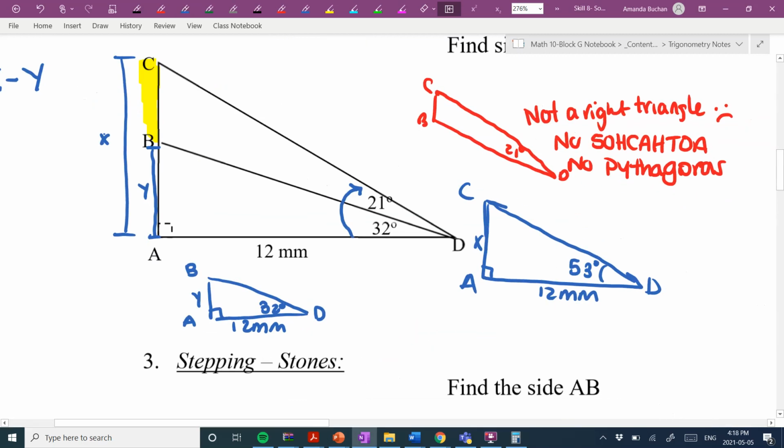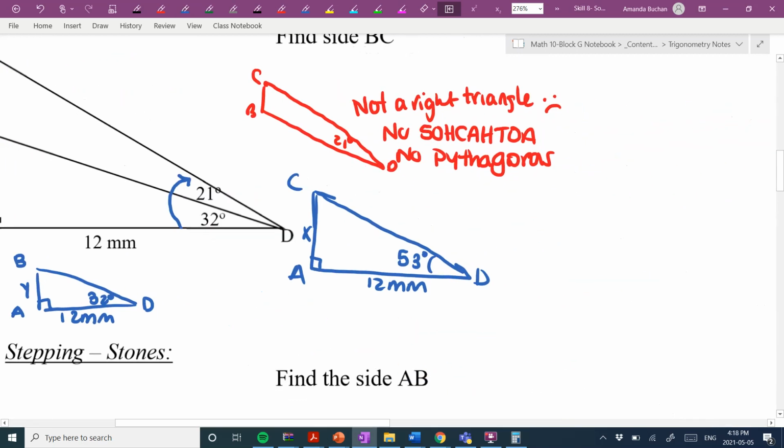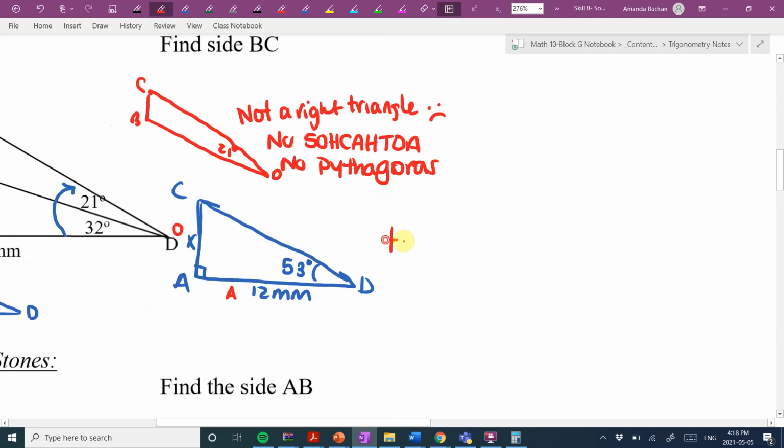So let's start by finding X. Just like before, if I know an angle and I know a side, I can find the missing side. So I'm going to start with my opposite and my adjacent. So, once again, if we write out our SOHCAHTOA, opposite and adjacent, we'll use tan. And we're always doing tan of an angle, right? Unless we're looking for the angle. It's going to be X over 12.